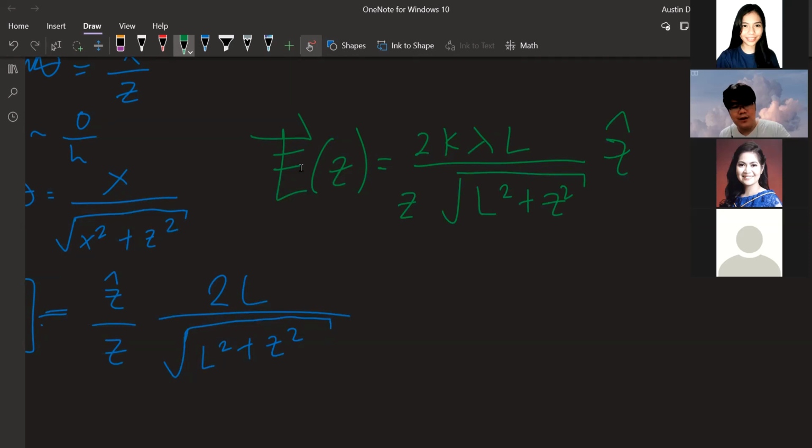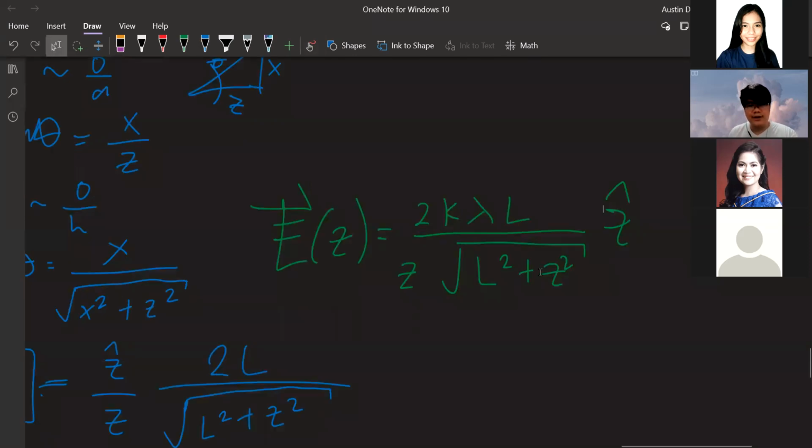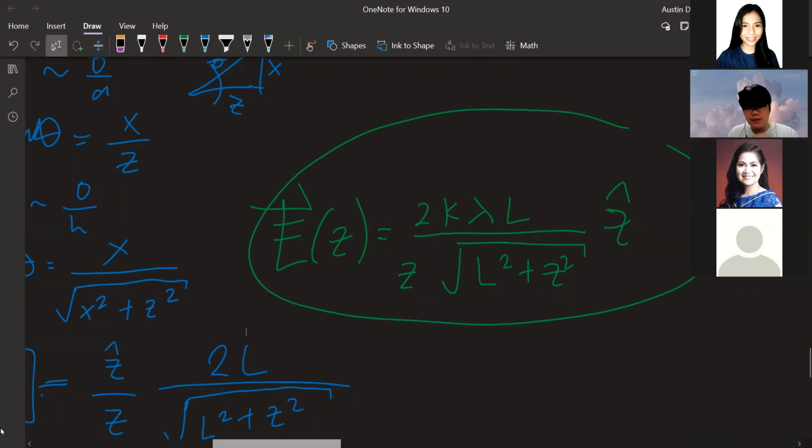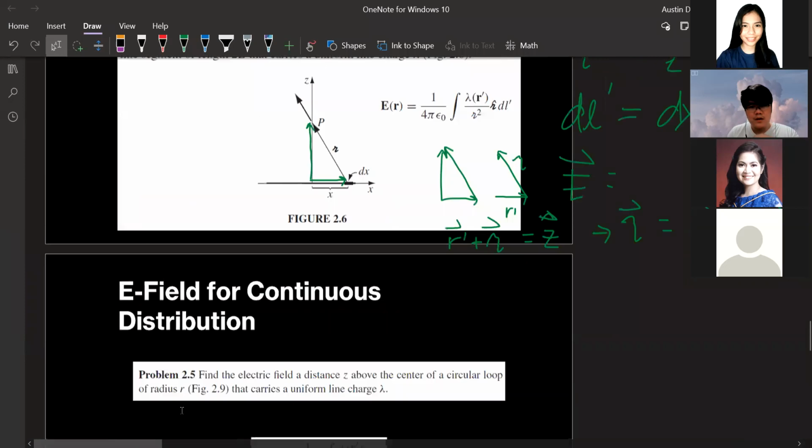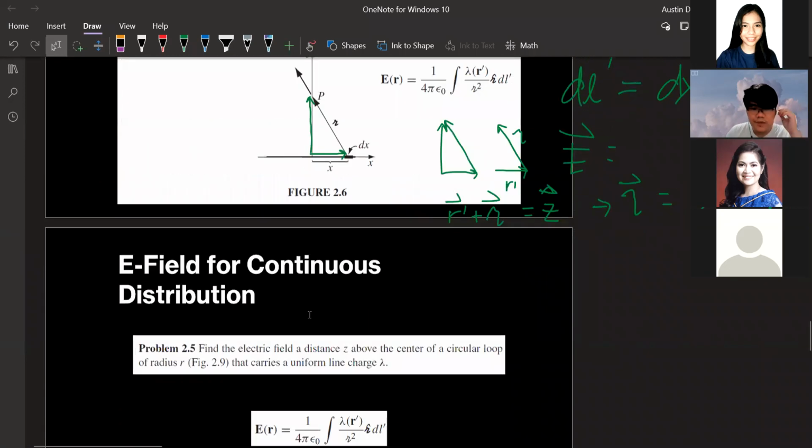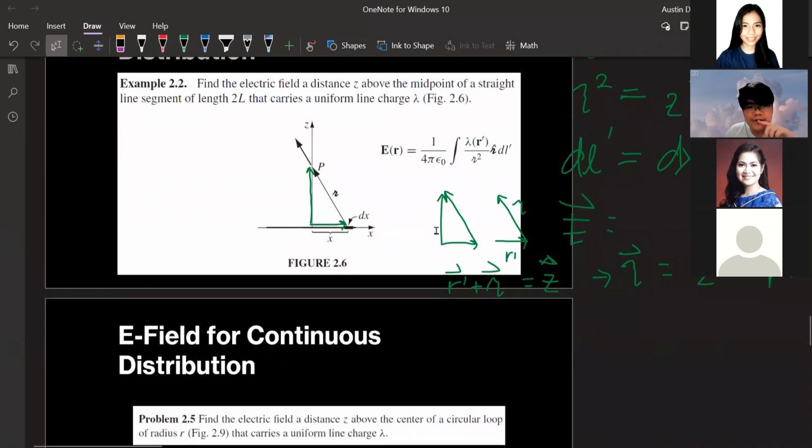Okay. Got it. And if we get, okay, so we're correct. Amazing. Learning. So this is your electric field at that point. So we solved this.